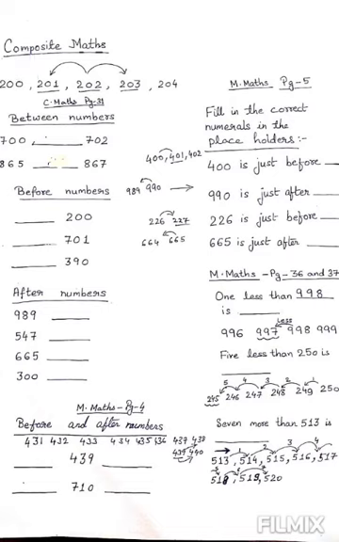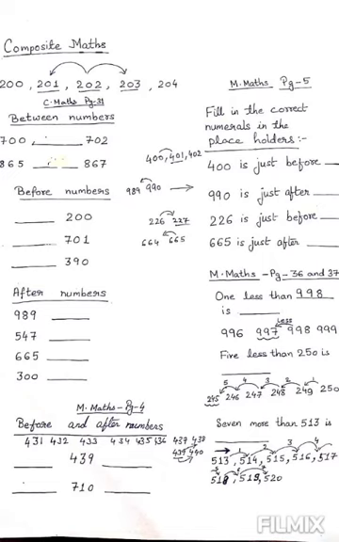Yes, you will see the number on the left hand side of 202, that is 201. So this is the before number. The number after 202 you will find on the right hand side, and you will find the number 203. So that is the after number.